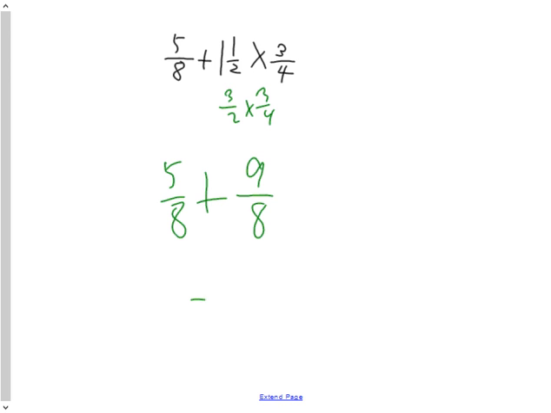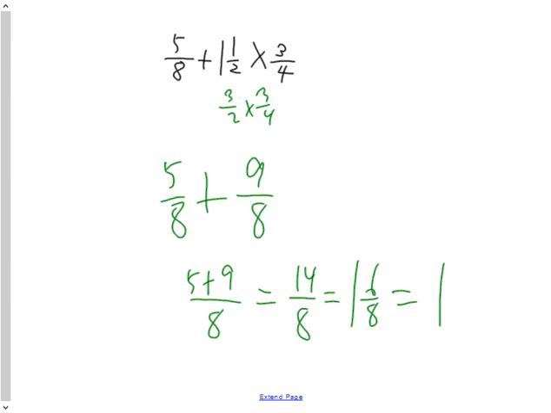This is nice because it works out that the denominator is the same, which means I don't need equivalent fractions, which means my final answer is 14/8, which is 1 6/8, which if you put it on your test, I'm going to put a frowny face because in lowest terms, both are divisible by 2. You get 1 3/4 as your final answer.